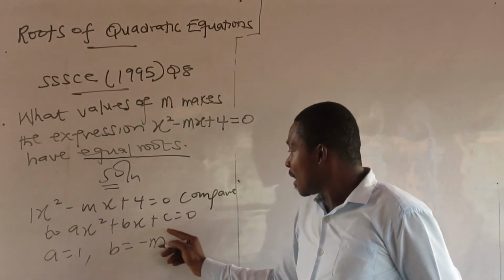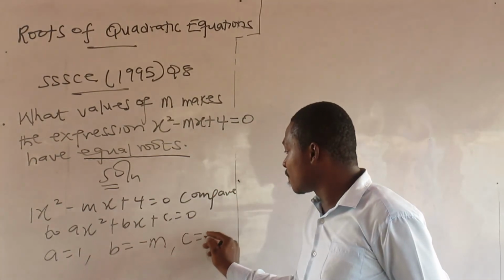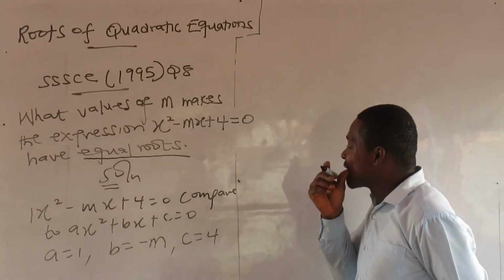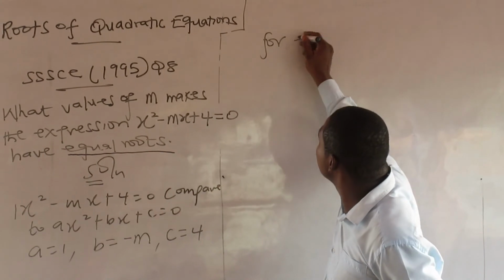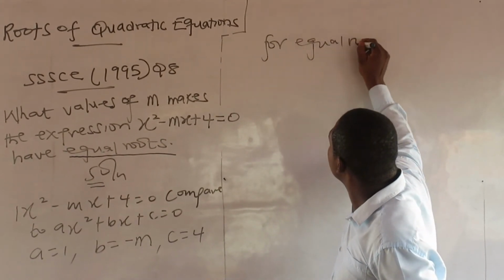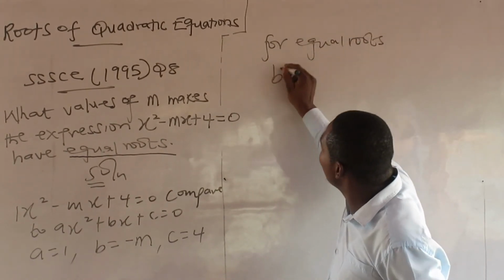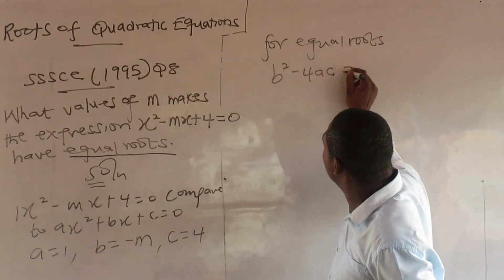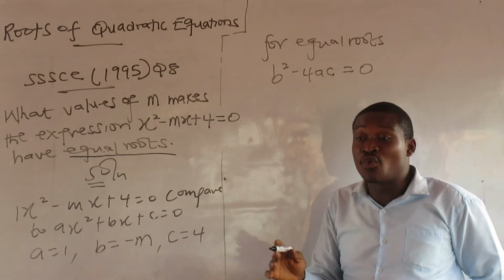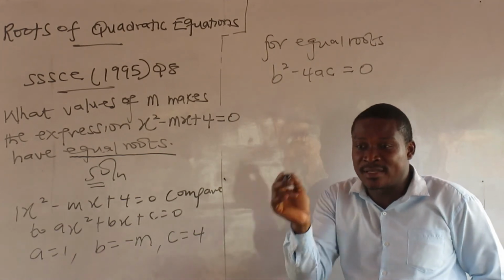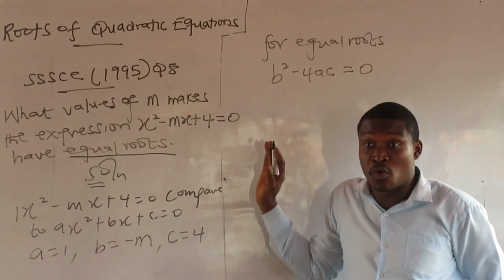M. And your C here happens to be what? 4. Good. So, for equal roots, we have b squared minus 4ac equals 0. Is that not a condition? If I was told for two real roots, I would say b squared minus 4ac is greater than or equal to 0. So you state a condition for equal roots, right?